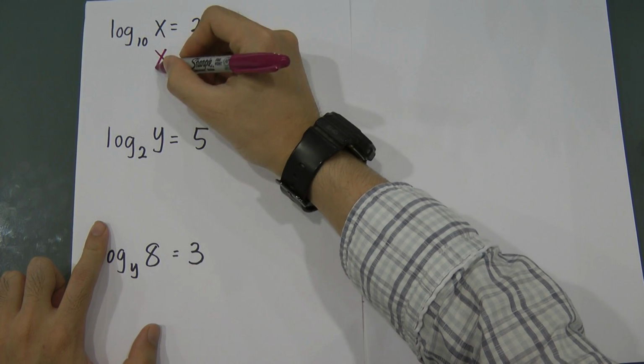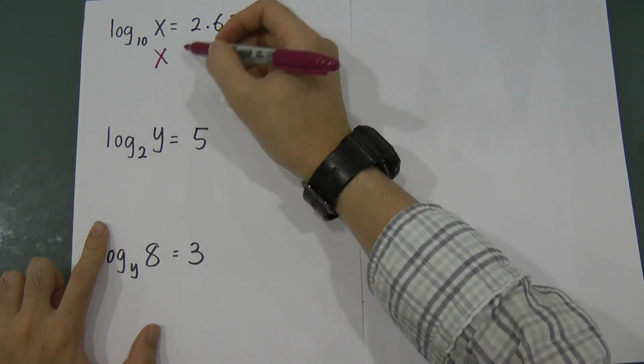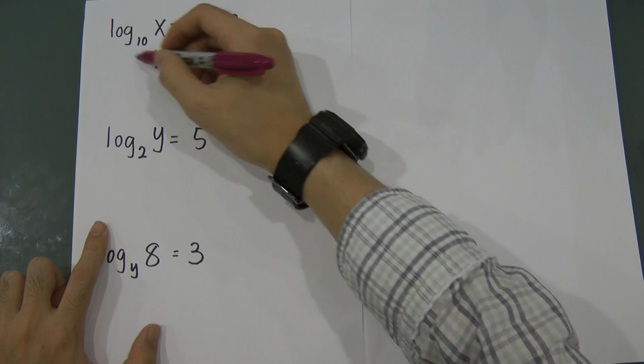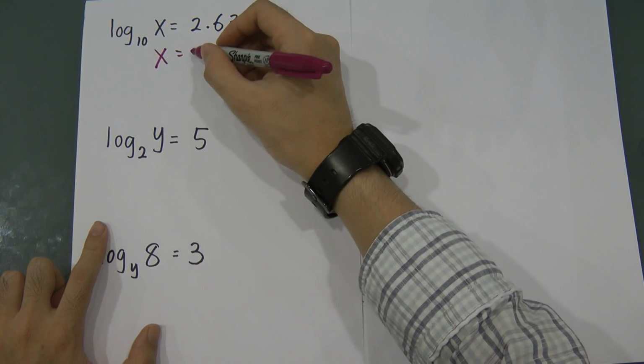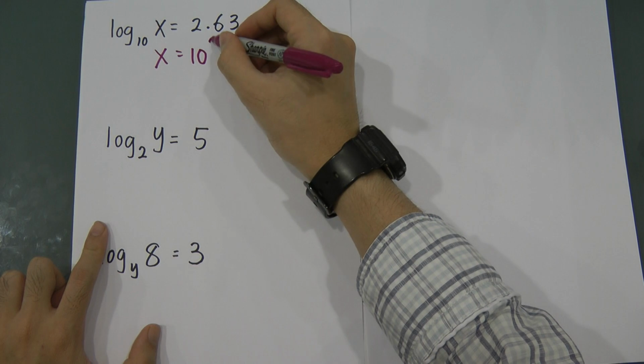Actually it's very simple. Just now I said this is log base 10, right? This is the number. If I move the log base 10 over here, I will get 10 over here, and the number will become the power.